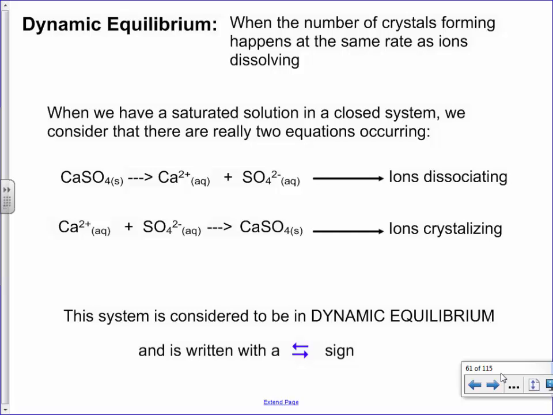This is an oversaturated solution. I know that because there's a whole bunch of solid on the bottom. Does that make sense? But this is not a static solution. Do you guys know the term static? Static would mean stationary, non-moving. There is actually stuff happening inside here at a microscopic level. That's why we call this dynamic. What is happening is some of this solid stuff is getting ripped apart by water molecules.